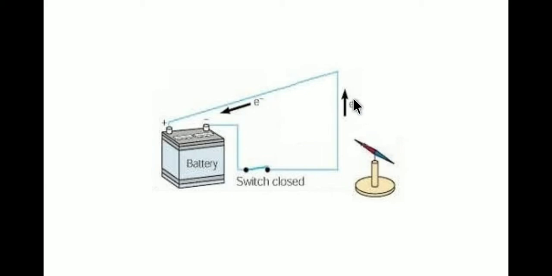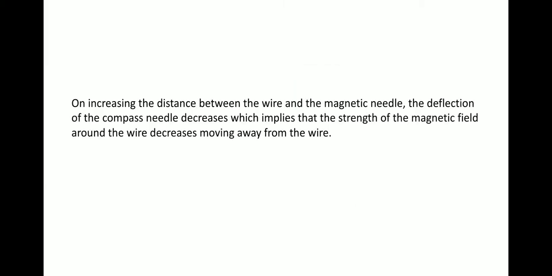This is because the strength of the magnetic field around the wire reduces as it moves away from the wire. So on increasing the distance between the wire and the magnetic needle, the deflection of the compass needle decreases, which implies that the strength of the magnetic field around the wire decreases while moving away from the wire.